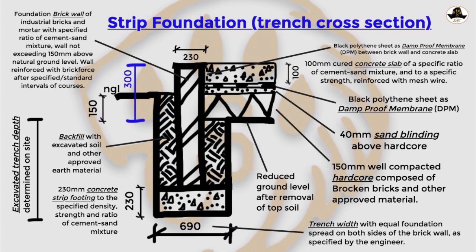And then from there we go on to what we call the sand blinding, which is basically, let me say, 10 millimeters, I think, or less, of sand that's put between the brick wall that you see and the concrete strip footing. The brick wall is the next thing that is put. But before we go on to the brickwork, we have to make sure that the sides of the trenches are not going to collapse on the people working inside the trench.